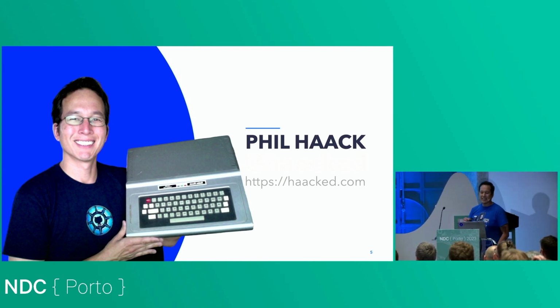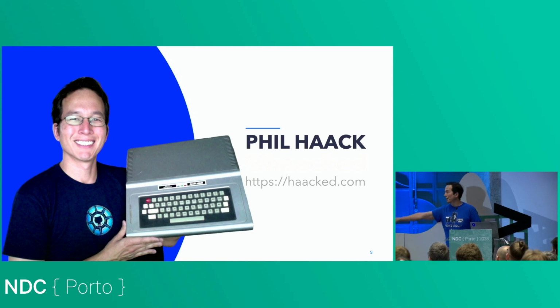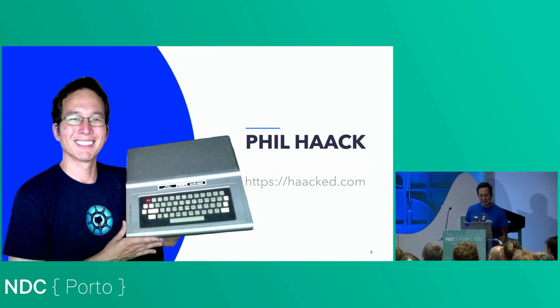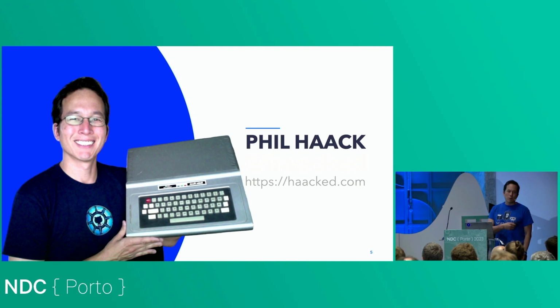But it's @HAACKED. And when I got my first computer when I was around 5 or 6, a TRS-80 color computer. I know I look kind of old for 5 or 6 back then. But I've been in love with computers ever since. I'm most well known for working on ASP.NET MVC and NuGet and GitHub back in the day.